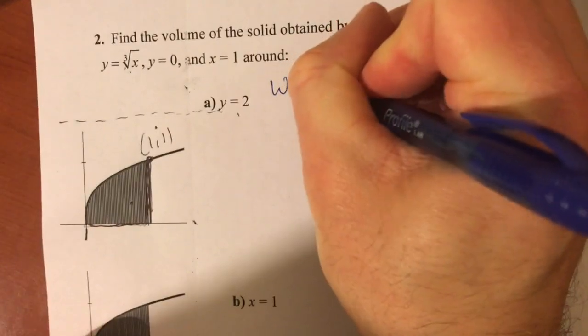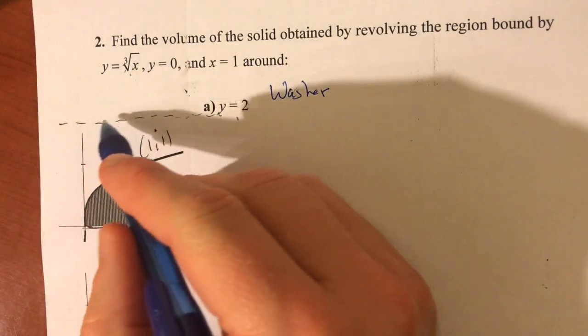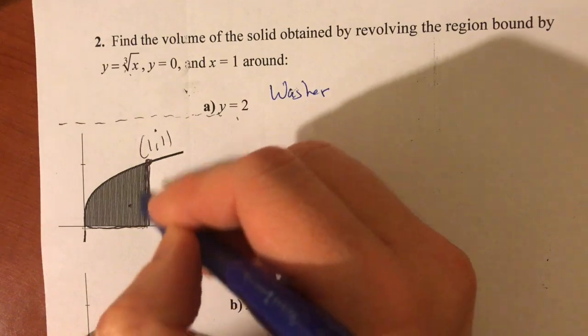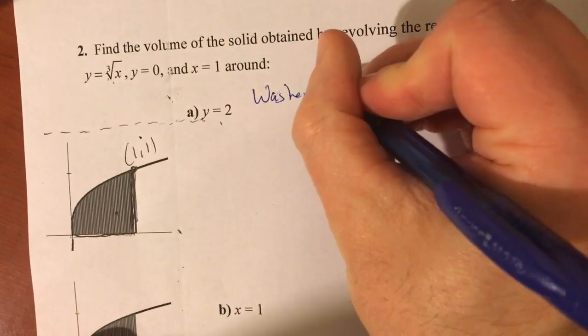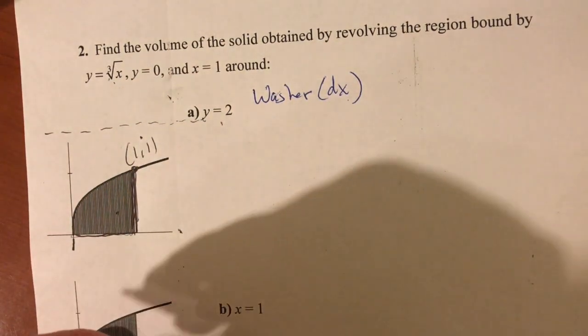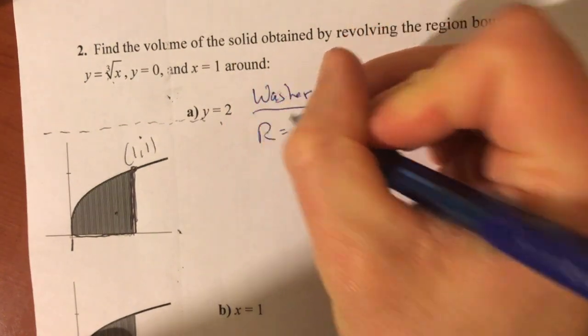And are we doing a dx or dy washer? If we're going around a horizontal line, which is really just like the x-axis just moved around, that's dx. So think any horizontal line is like the x-axis, which means dx. So now let's define those two different radii. What's the big radius?